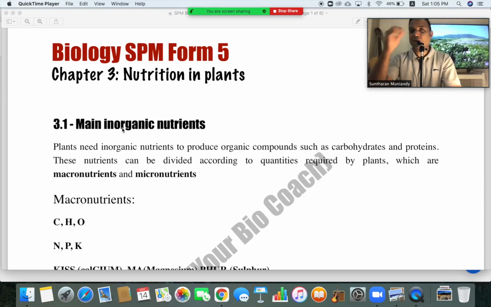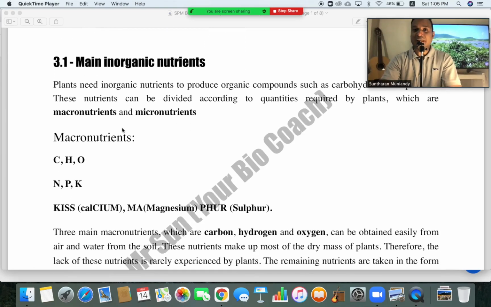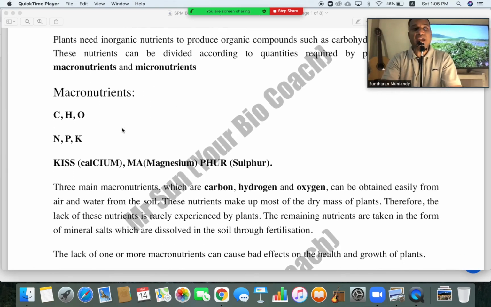So when you look at inorganic nutrients, we have the macronutrients: CHO, which is carbon, hydrogen, oxygen; NPK, nitrogen, phosphorus, potassium; and calcium, magnesium and sulfur. These are macronutrients, the nutrients needed in large quantity by the plants.